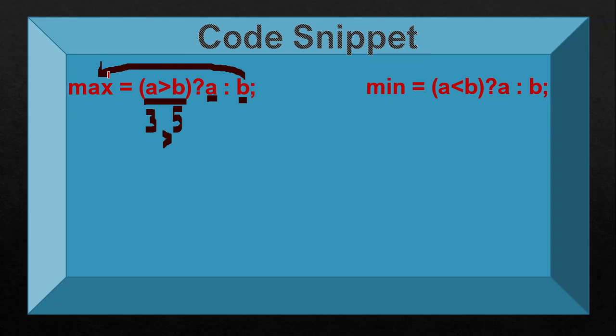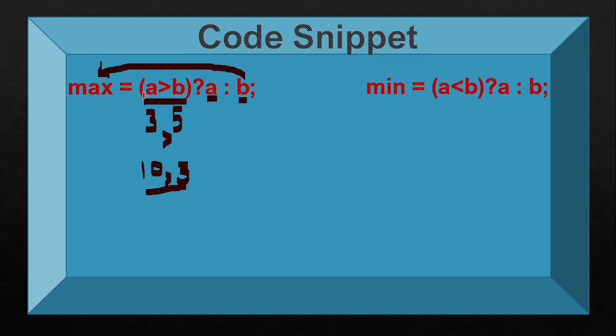That's how it works. And if I take 10 and 3, whenever these two are compared, the result is true. So expression 2, a, will be stored to max.